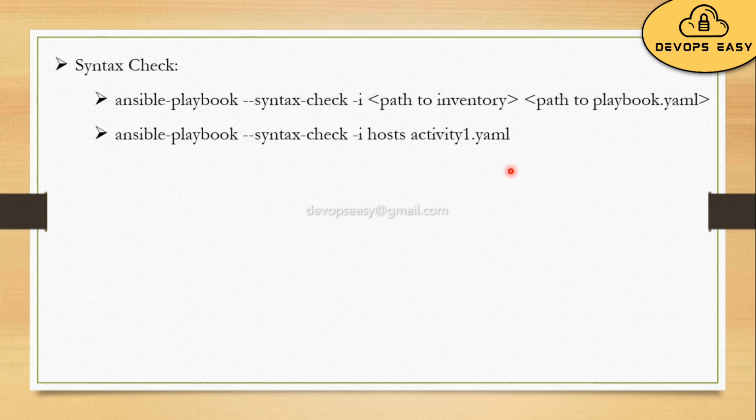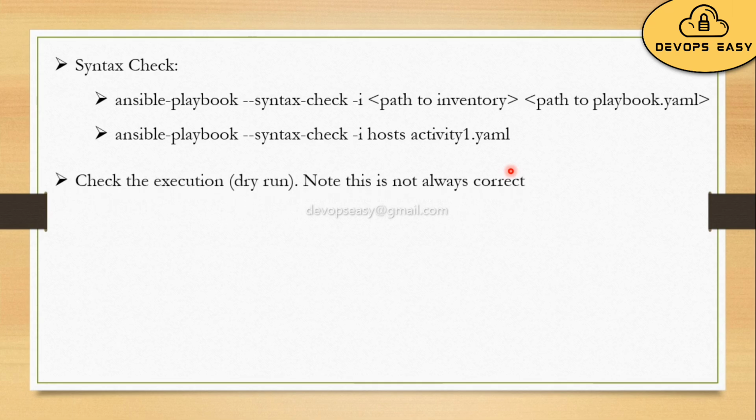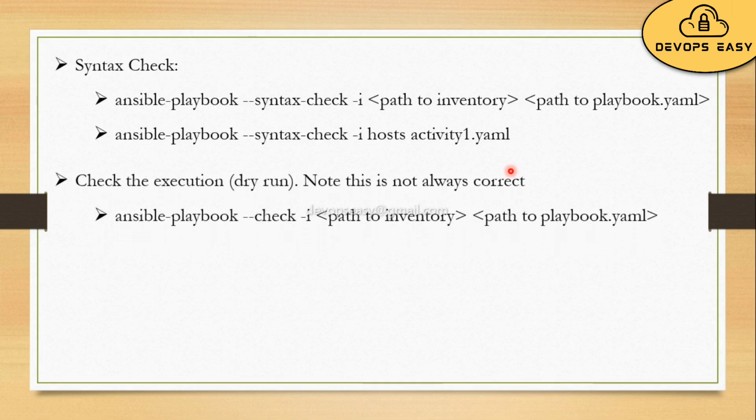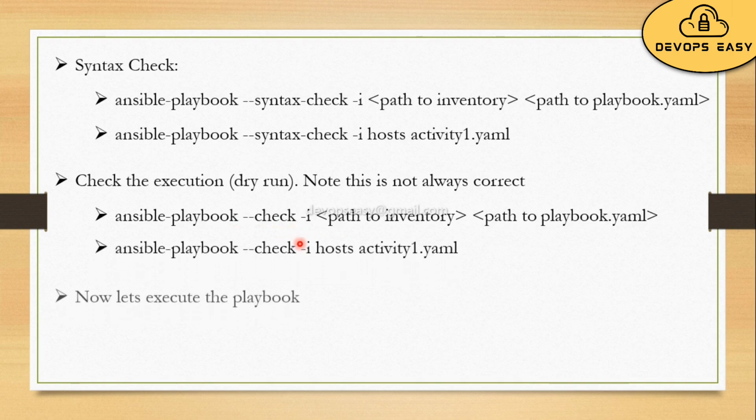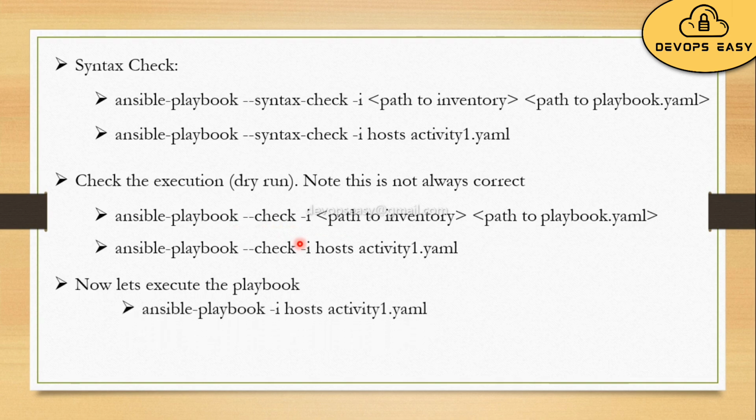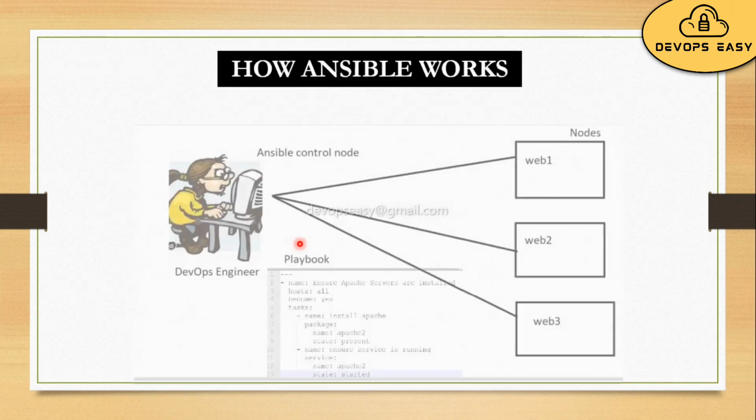In the same way, here you can use syntax check, and before installing any software, you can do a dry run. Just execute ansible-playbook --check, and then after you can directly execute the playbook.